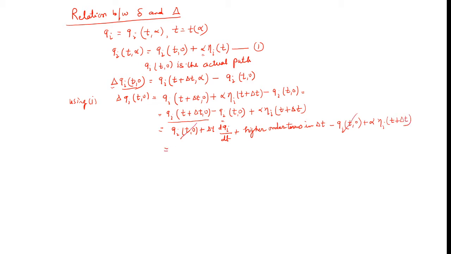Now this will be cancelled with this, we will ignore this, so it is delta t dqi/dt, which may be written as qi dot plus alpha eta i(t + delta t).